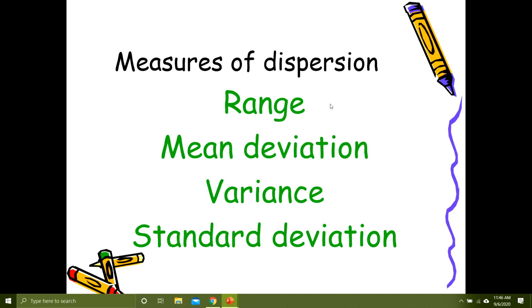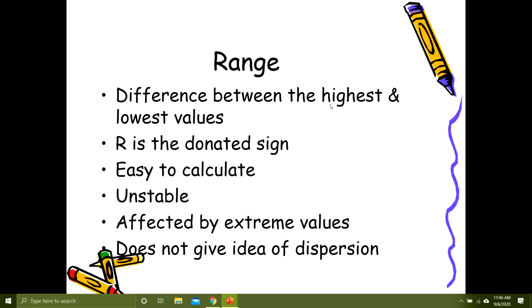So moving forward with the measures of dispersion, the first dispersion measurement is the range. When you take a sample set, you subtract the lowest value from the highest value to get the range of the data set. This range is represented by R. It is very easy to calculate.